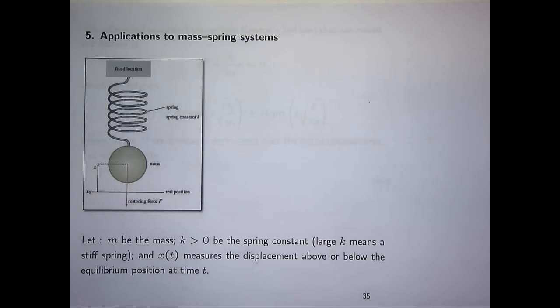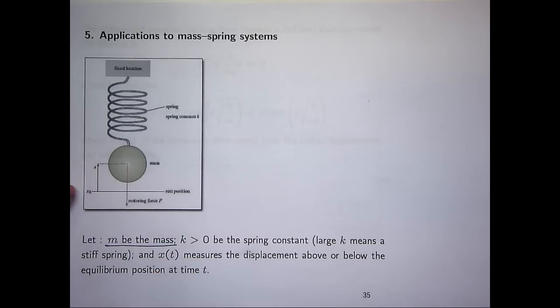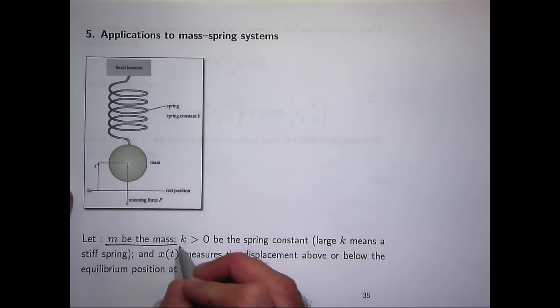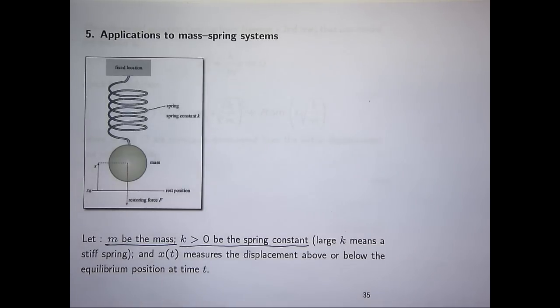Okay, so suppose our mass is m, and we have a positive constant k, which is reflecting the stiffness of the spring. So if you have a large value of k, it means the spring's really stiff. x of t is going to measure the displacement from the equilibrium point of the mass at time t.